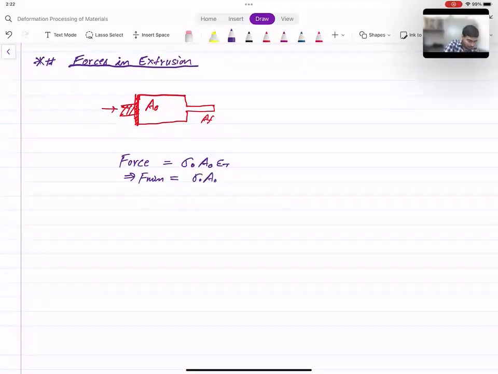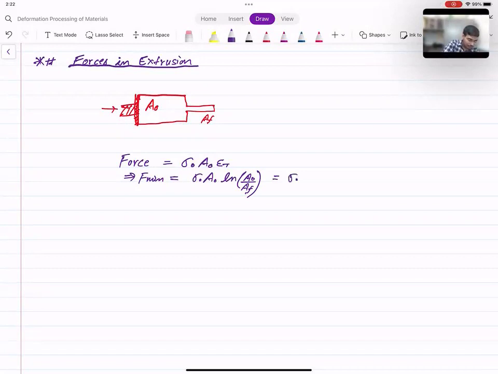So this is sigma naught A naught, and this true strain can be written as ln of initial area by final area, or final length by initial length, as we have seen. So this will be ln of A naught over AF, or it can be written in terms of the extrusion ratio also.